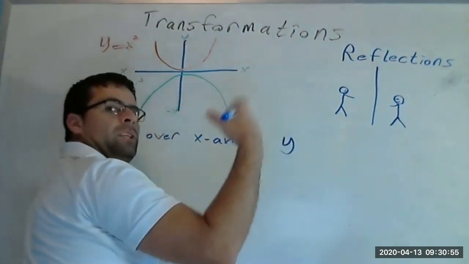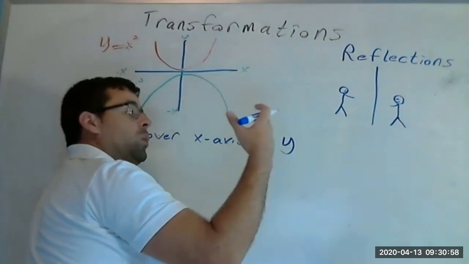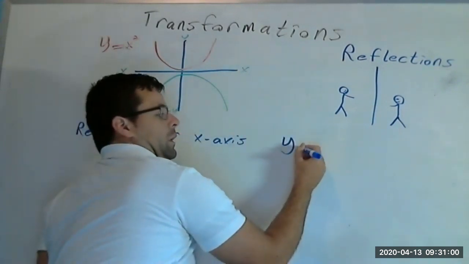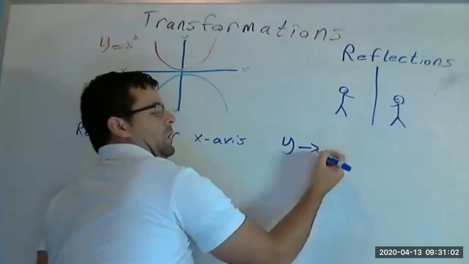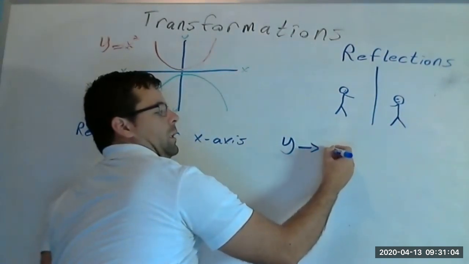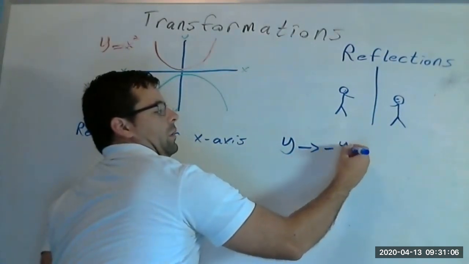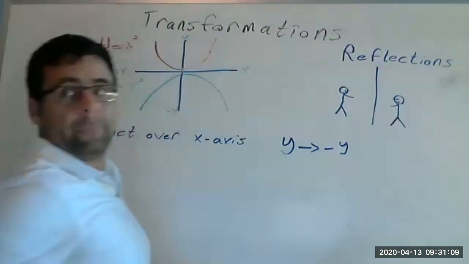So we're flipping it up and down. So we're going to change the y variable. So y goes to negative y.